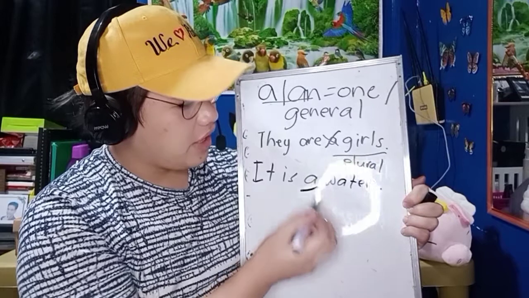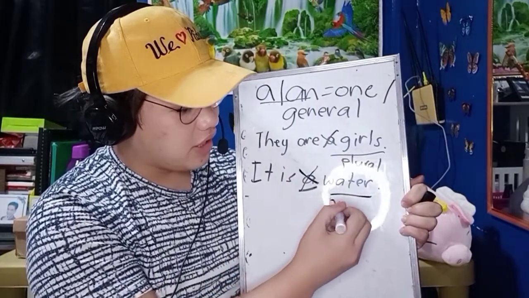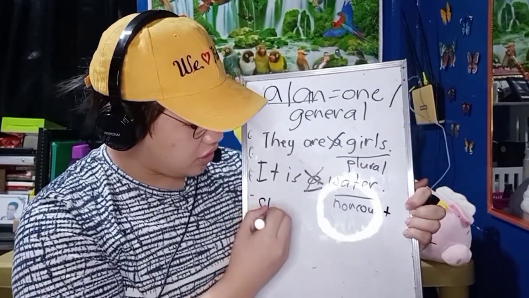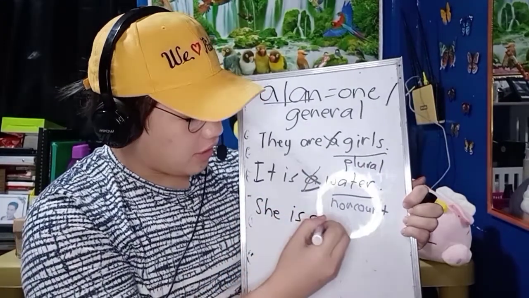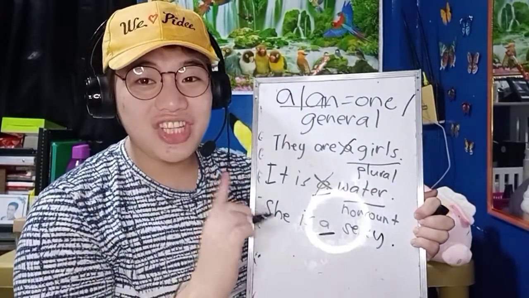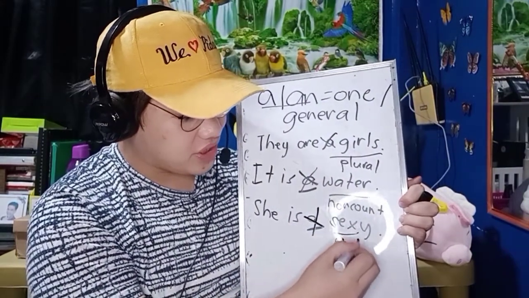We cannot say a water. Why? Because water is non-count. Alright? Next one. We cannot say that she is a sexy. Why? Because sexy is an adjective.